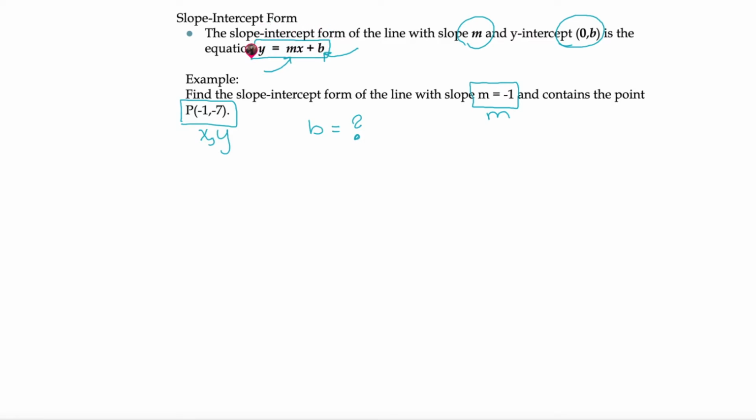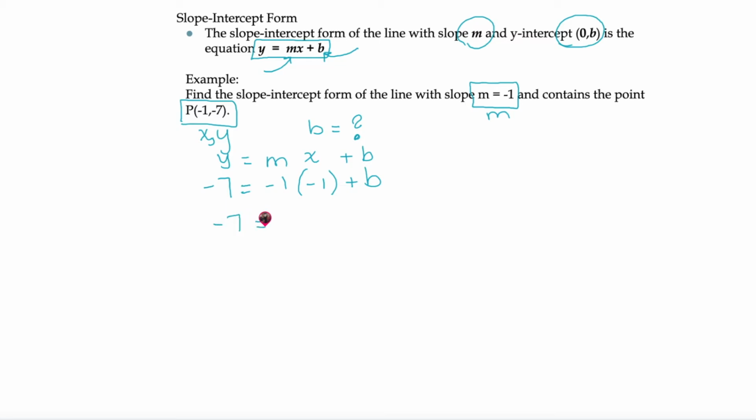I know that the y value on this point is -7, equal to my slope of -1 times my x value of -1 plus b. So y equals mx plus b. Notice the only variable that's left is the b variable, so I will solve for b.